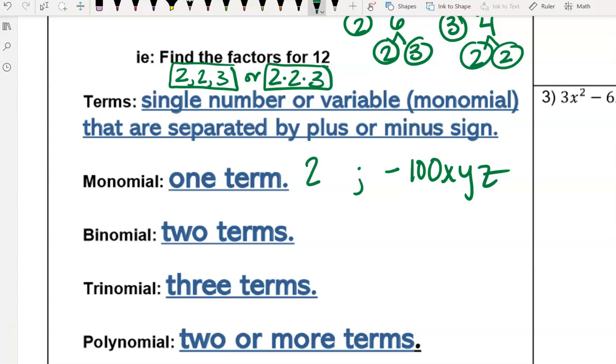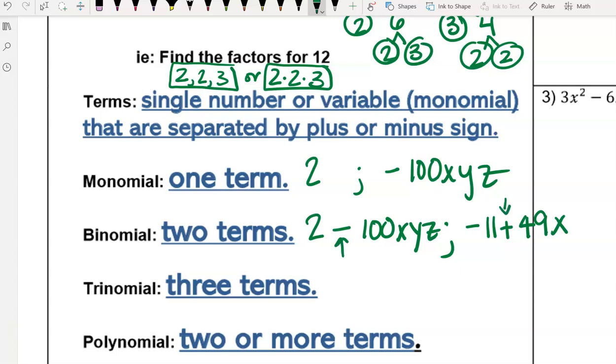Even though that's a lot, that's still one term because it's not separated by a plus or minus. So if you are multiplying or dividing, that's still one term. Two terms, guys, would be 2 minus 100xyz, because it's separated by a minus. Another example would be negative 11 plus 49x. That means there's two terms because we are separated by a plus or a minus.